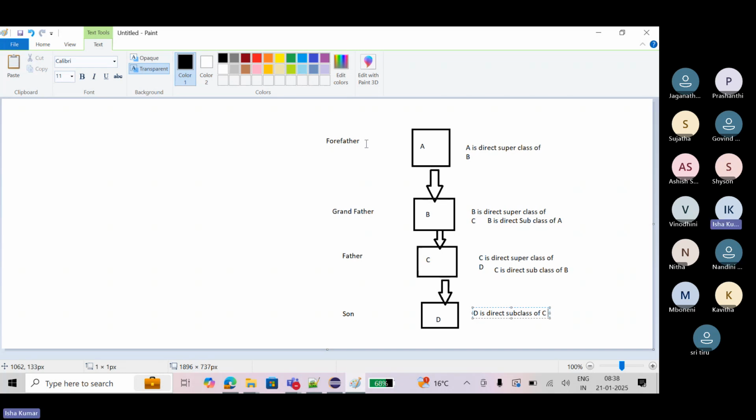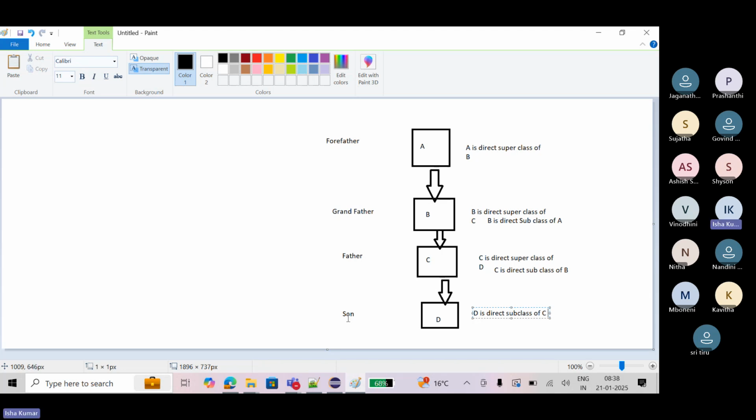We are coming from them, genetically. For this son, all are father only: a direct father, a grandfather or a forefather. Blood has come from him to the grandfather, from grandfather to father, from father to son.